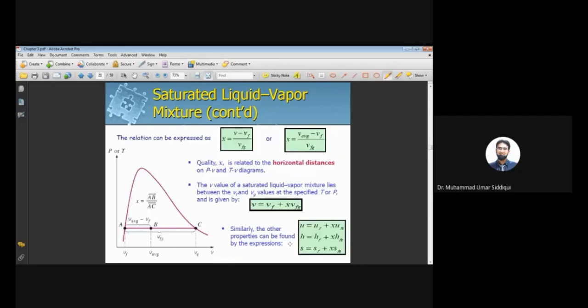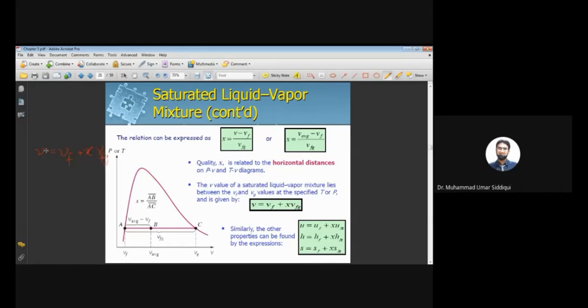Now the question is, how do we determine the quality? Here you should understand one thing. There is a specific formula trend. Suppose you're talking about specific volume. The trend is basically: v = vf + x vfg. This is the formula.